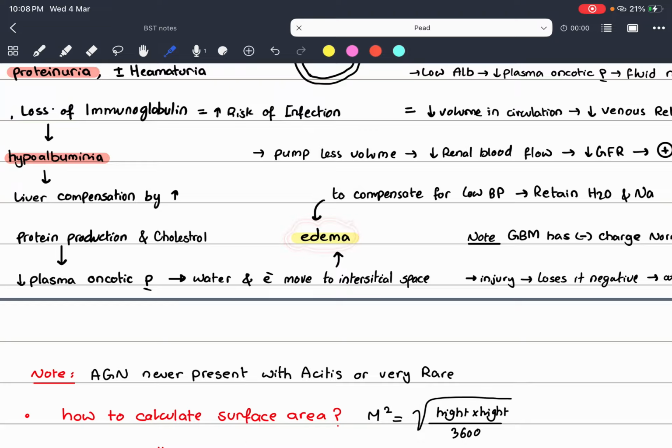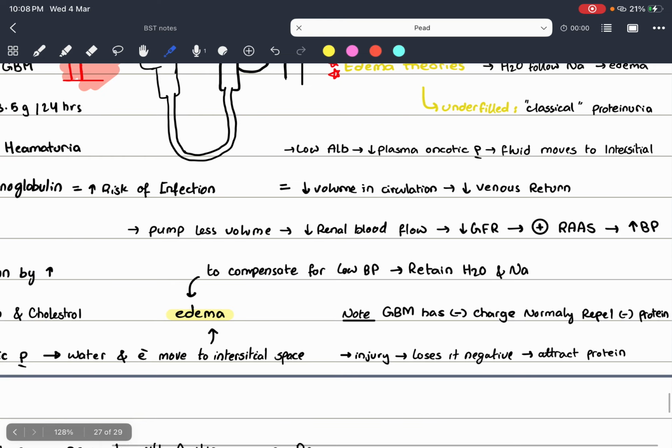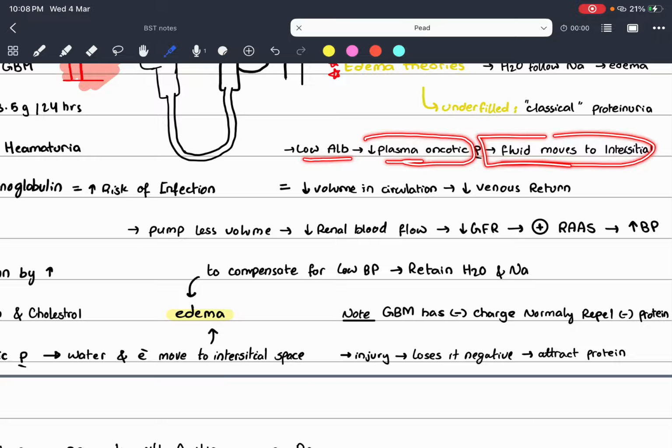And then our body tries to compensate for this. This is one theory for edema. There's another theory where your heart is now receiving low volume. With low albumin, low plasma oncotic pressure, fluid moves to the interstitial space and reduces circulating volume.